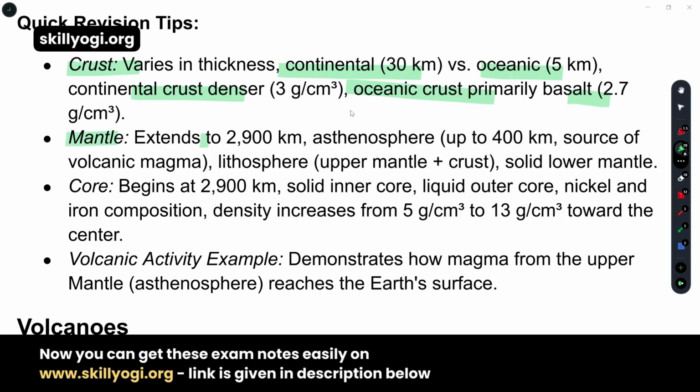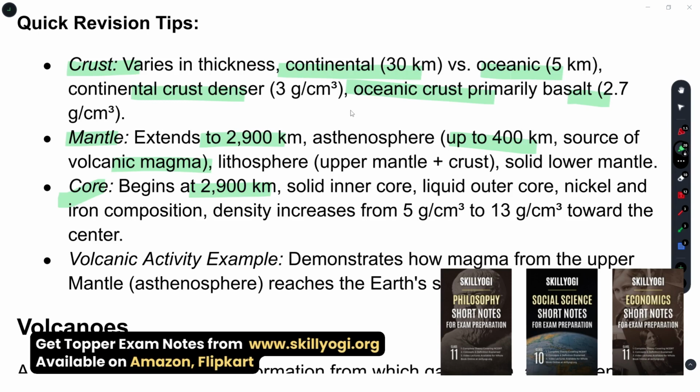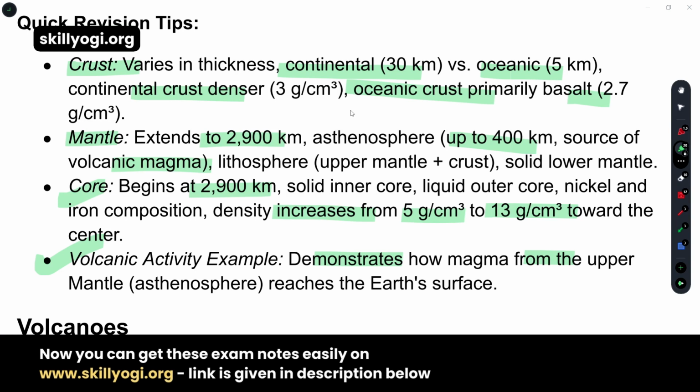The mantle extends up to 2900 kilometer, with the volcanic magma zone at 400 kilometer. The core begins at 2900 kilometer and goes up to 5800 kilometer, and its density increases from 5 gram per centimeter cube to 13 gram per centimeter cube. And volcanic activity is also mentioned, which demonstrates how magma from the upper mantle reaches the Earth's surface.